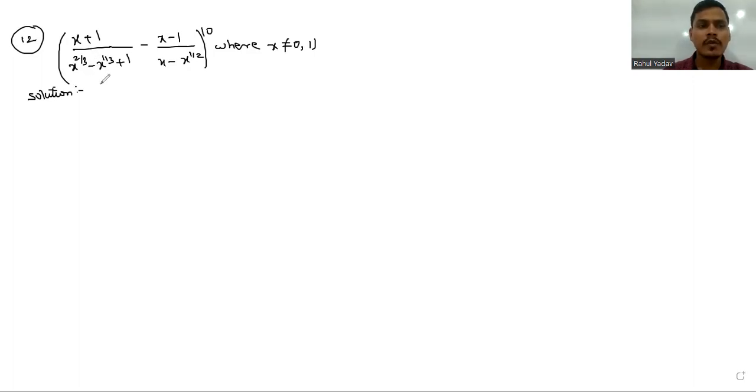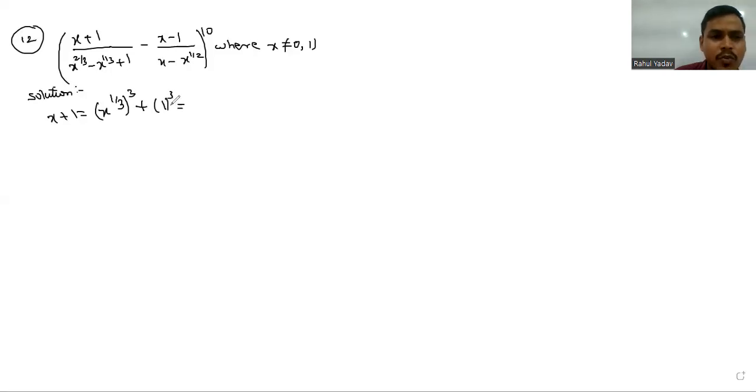So student, we want to make the numerator in the form of the denominator. In the denominator we have x^(1/3), so we can write x + 1 as (x^(1/3))^3 + 1^3.